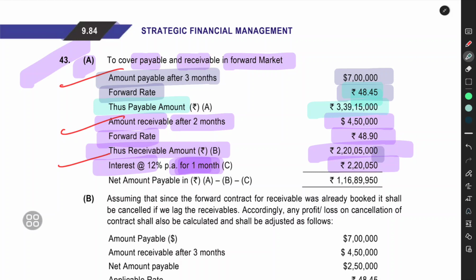And when you net it off, now how do you net off? Payable is what you have to pay, this is what you will receive, this also is what you will receive. So my actual payable is A, minus this is going to give me the gross payout, minus this interest also is going to give me the net payout. So A minus B minus C.